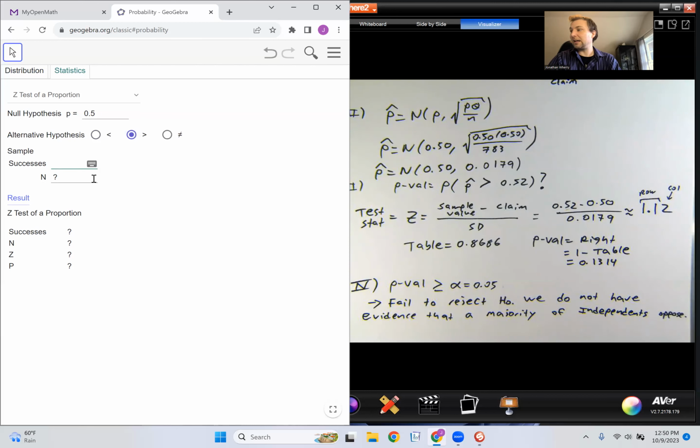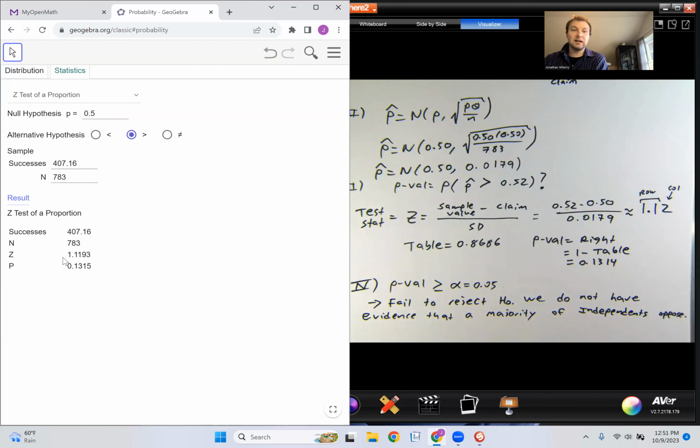The sample success, I don't know how many successes I had, but I had a success rate of 52% times my 783 samples. So about 407 people for the sample supported this. For the total number of trials, I had 783.